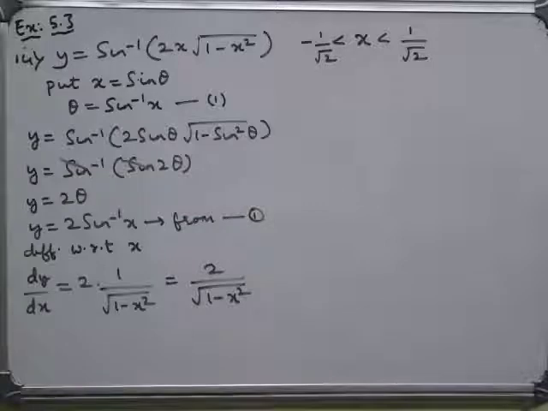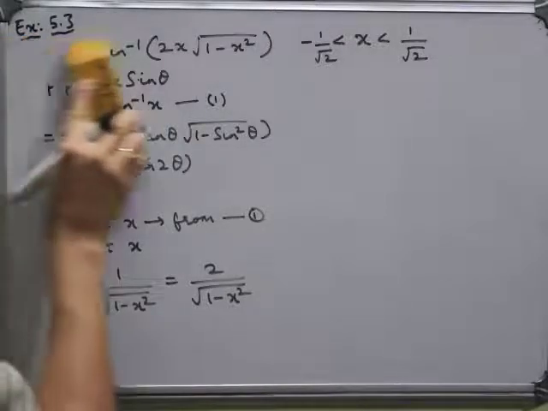Okay, question number 15. It is also a very simple problem. I will solve it up to a certain extent, and the final differentiation you can do. Question number 15, which is the last problem of this exercise. What is it?